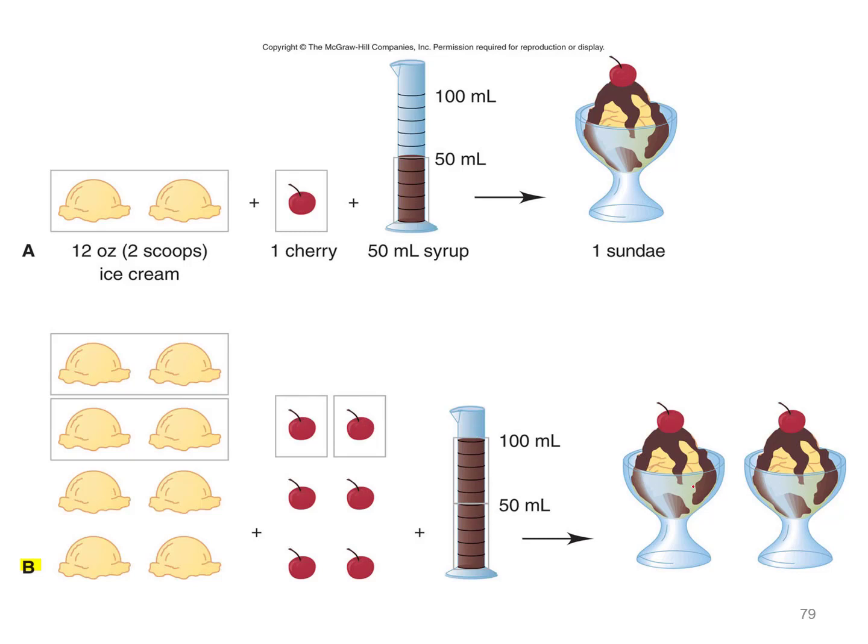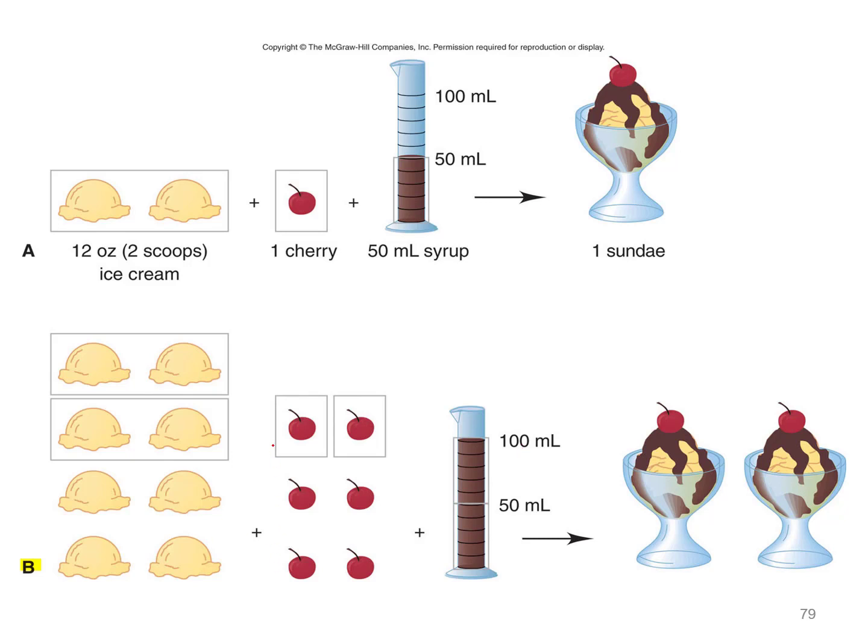We are only able to make 2 sundae cones. In this case, ice cream is the excess reactant, cherries is also an excess reactant, while syrup is the limiting reactant, because 1 sundae cone needs 50 ml syrup, 2 sundae cones need 100 ml syrup.